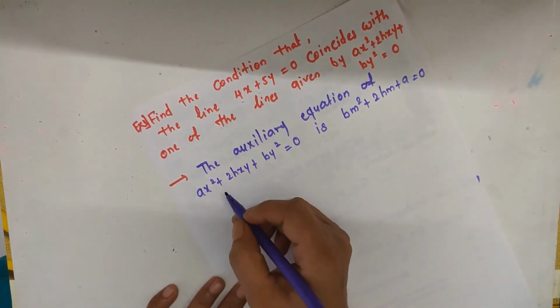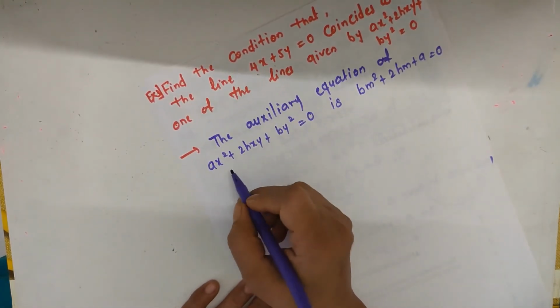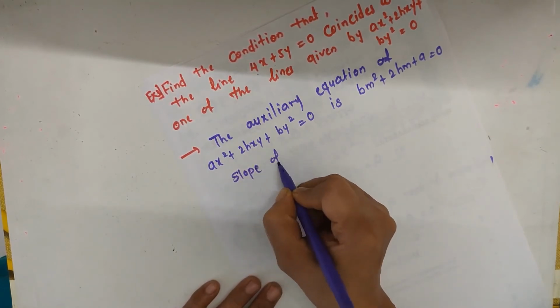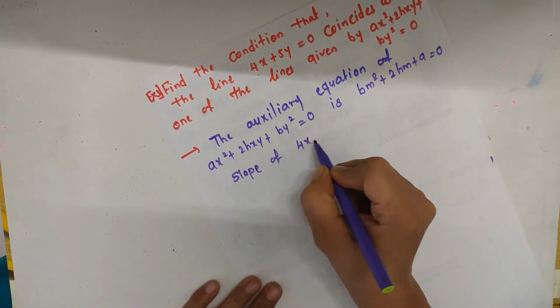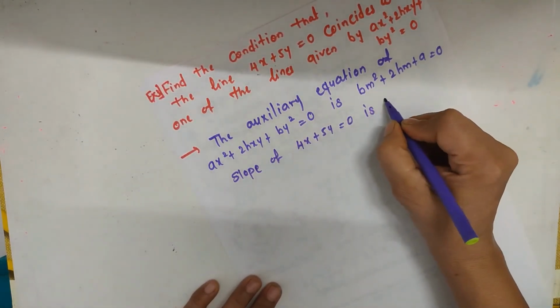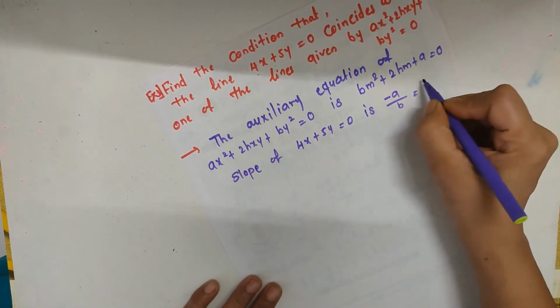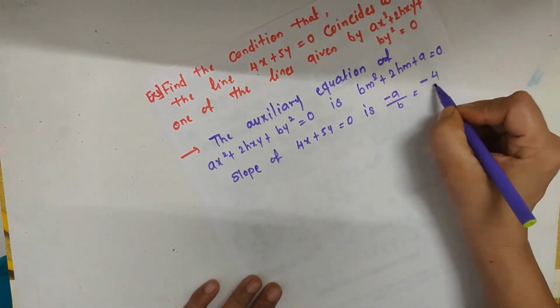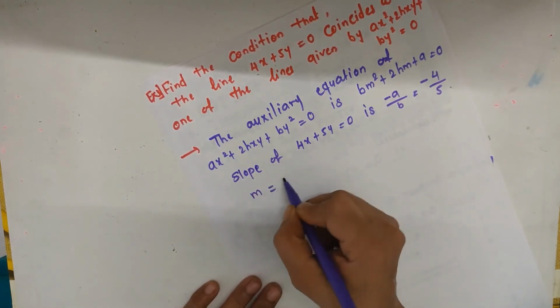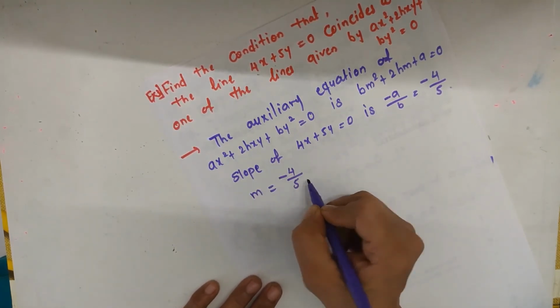So first find the slope of the given line. The slope of 4x plus 5y is equal to 0 is, using the formula minus a upon b, equal to minus 4 upon 5. So the value of m is equal to minus 4 by 5.